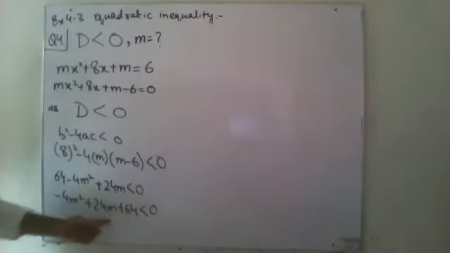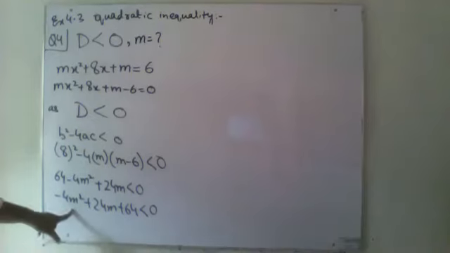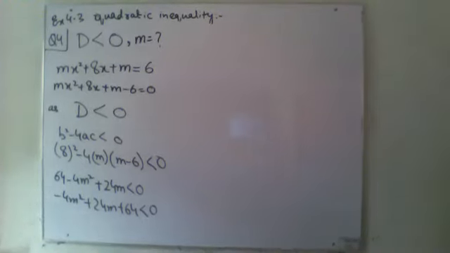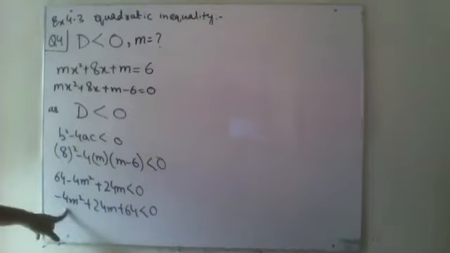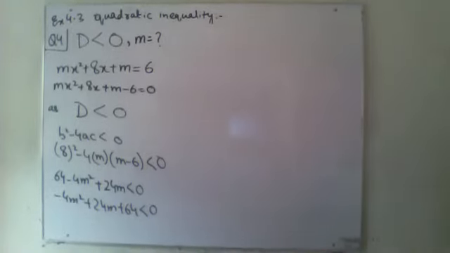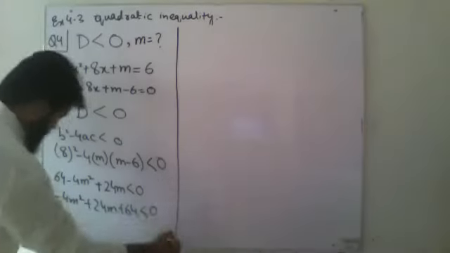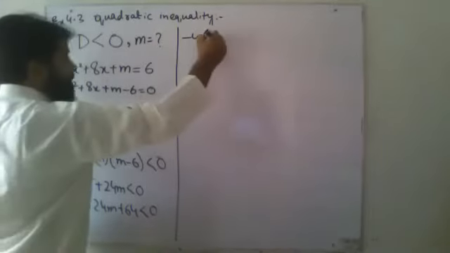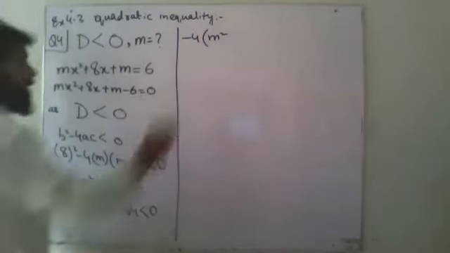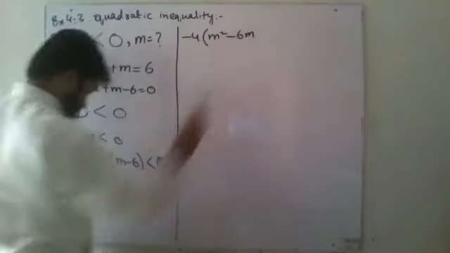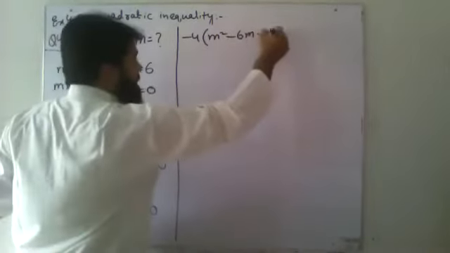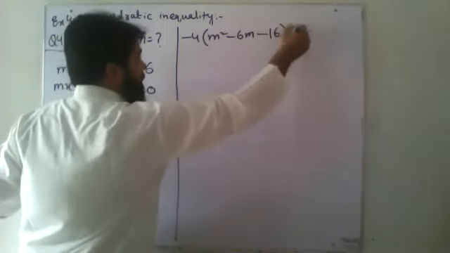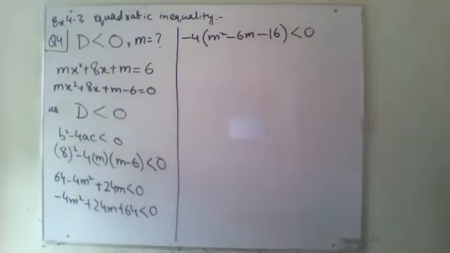Now you can see over here, this thing which is m square is having negative coefficient. So I have to make it positive. What will I do? I will take minus 4 common. Taking minus 4 common, so this will become m square minus 6m minus 16 lesser than 0.